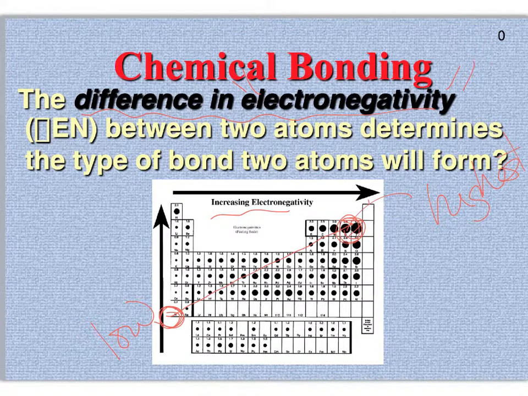And just kind of a reminder, the noble gases have zero electronegativity. Electronegativity, of course, is the attraction an atom has for bonding electrons, and since the noble gases already have a full outer shell, they don't tend to want to make a bond, so they don't have any electronegativity.